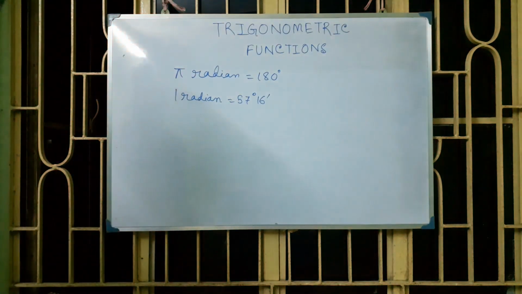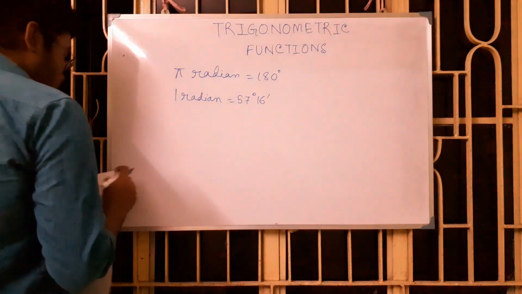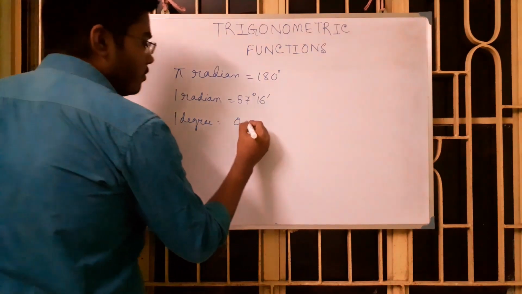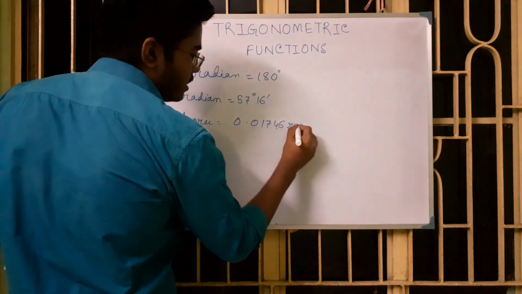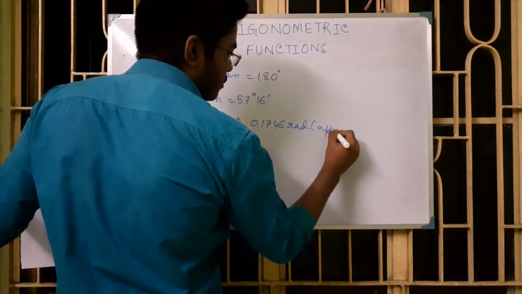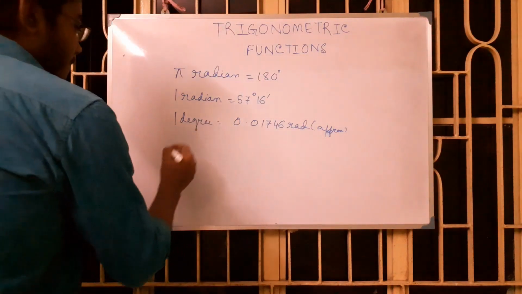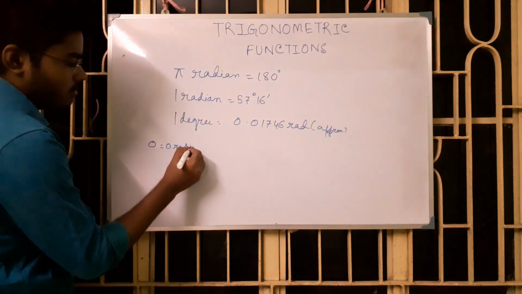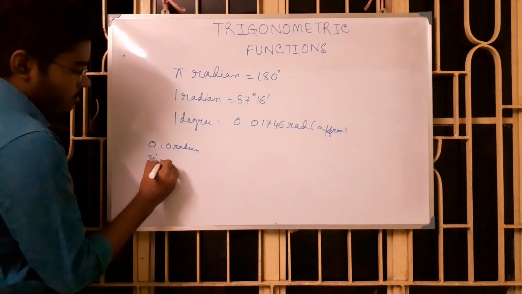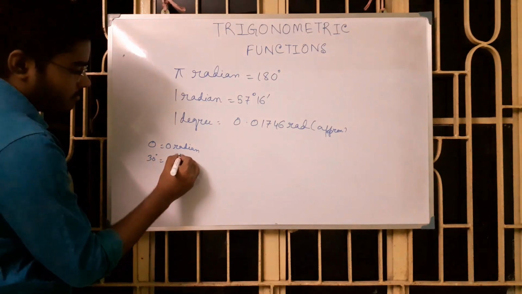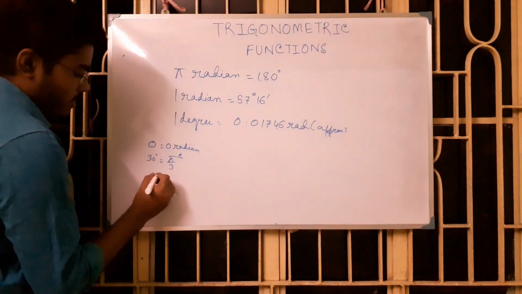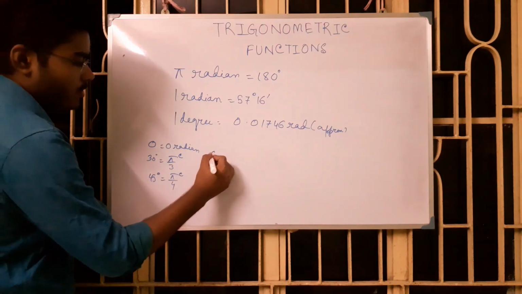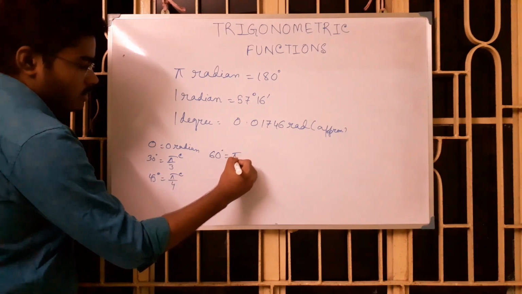And 1 degree equal to 0.01746 radian approximately, and 0 equal to 0 radian. 30 degree equal to pi by 3 radian, 45 degree equal to pi by 4 radian. This is just some information and we will be using it later.